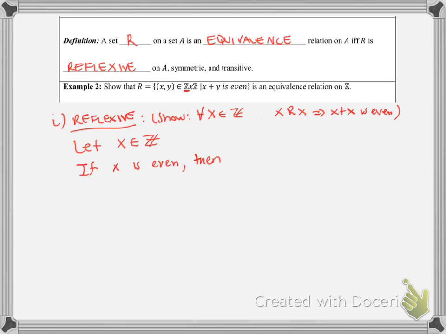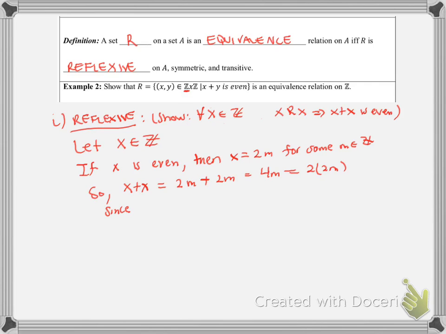So if x is even, then x equals 2 times m for some m belonging to the integers, you guys know this definition. So x plus x is equal to 2m plus 2m, which is 4m, which is the same as 2 times 2m, right?